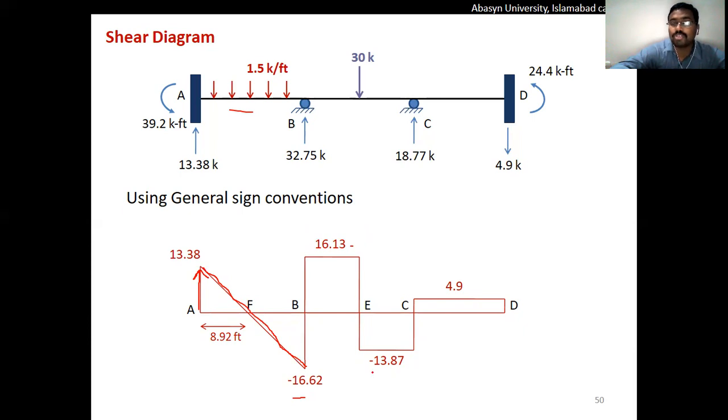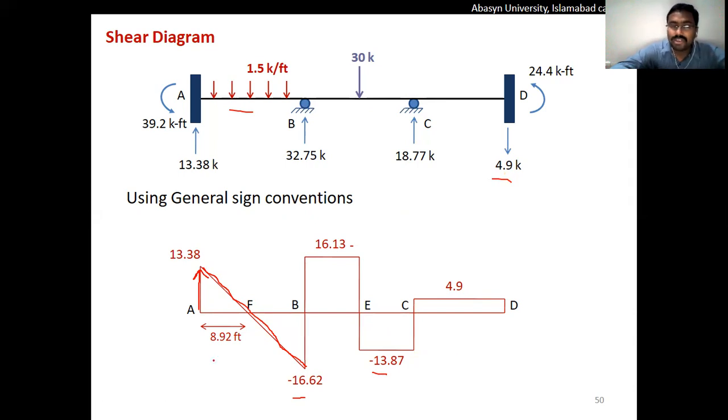You will reach the value of minus 13.87. Then there is no loading in the span, so once you move towards C, we get a straight line towards point C, and then again we have a reaction. It will move upward towards 4.9, and no loading results in a straight line towards point D. Once you move towards point D, due to the reaction in the downward direction, you will close your shear force diagram.